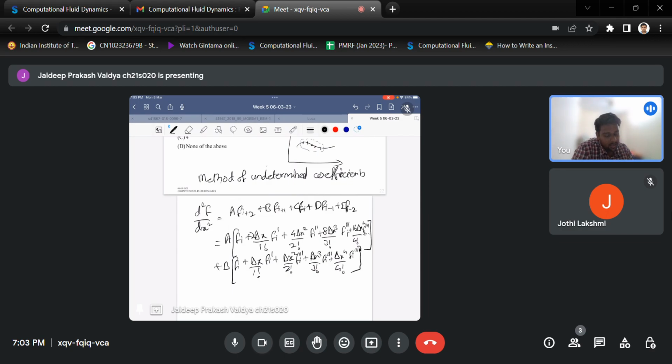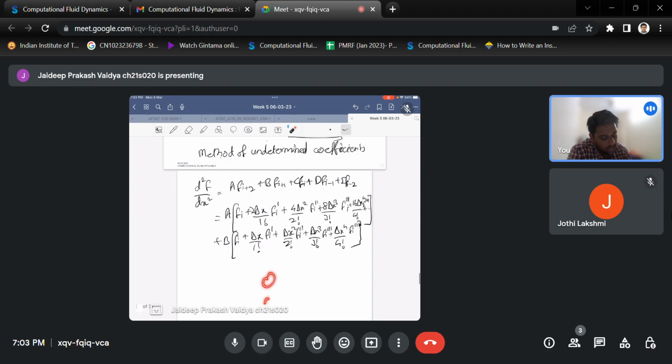So what we can see here is that up to delta x raised to 4, we have taken into account for all of these equations. There is a similar equation for c, d and e. Up to delta x raised to 4 we have taken up.